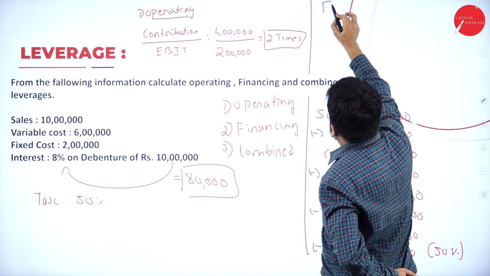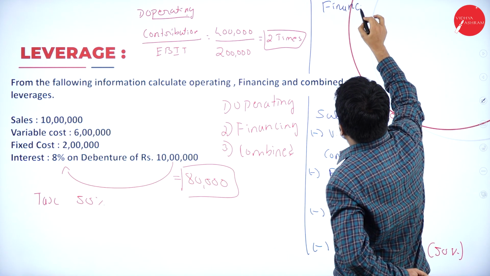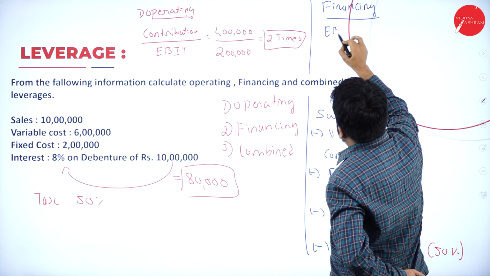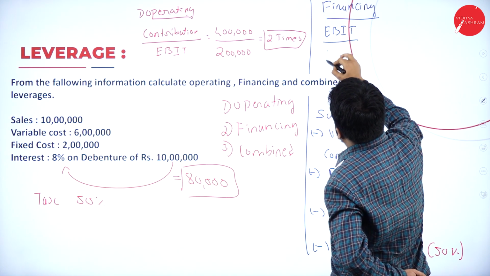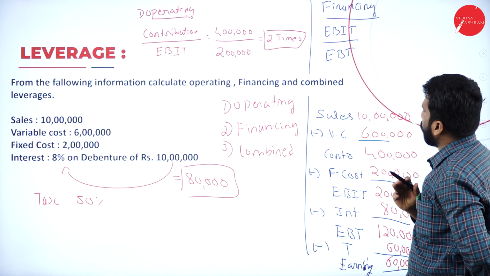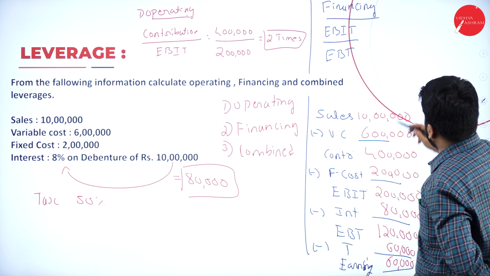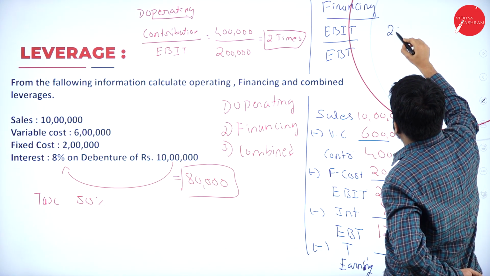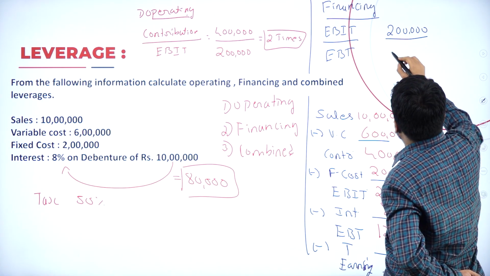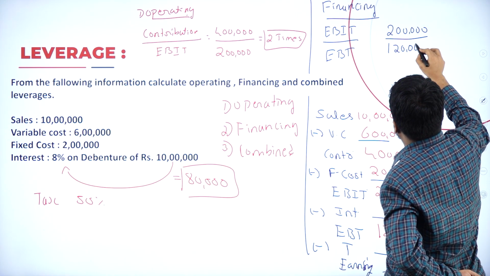Similarly, if you go for financing leverage. Financing leverage: EBIT divided by EBT. What is your EBIT in this? Your EBIT as per this is 2 lakh. And your EBT as per this is 1,20,000.